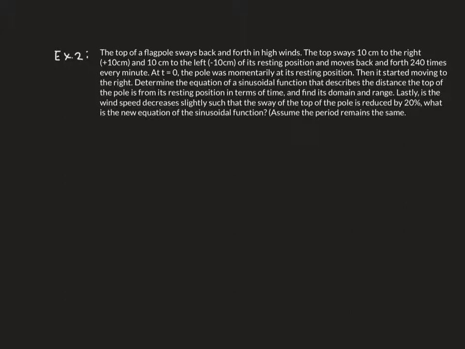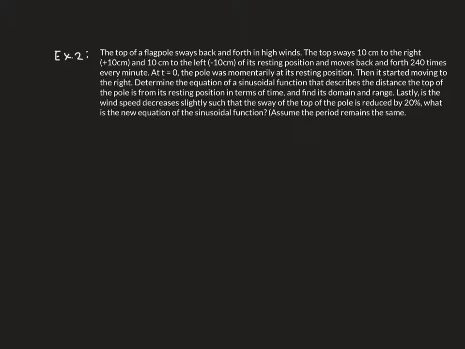At t is equal to 0, the pole was momentarily at its resting position. That basically means it's at 0. Then it started moving to the right. Determine the equation of a sinusoidal function that describes the distance the top of the pole is from its resting position in terms of time, and then find its domain and range.